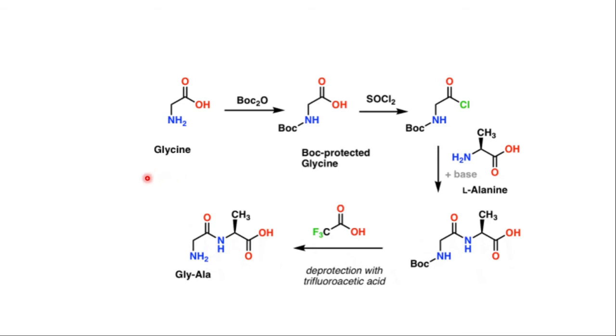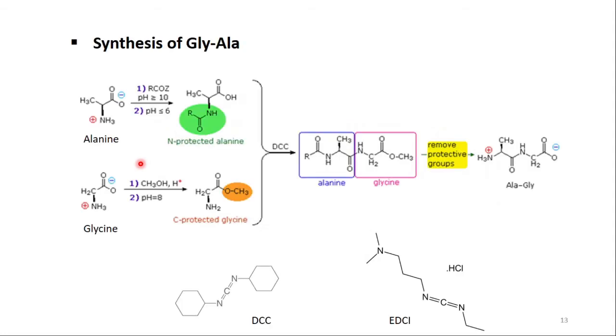So how is this coupling carried out? You can start with glycine or with alanine, whichever is okay. If you see here, you started with alanine. The alanine NH2 is protected; it is converted to an amide group, that is CONH. You reacted with RCOZ, RCOCl or RCOBr, whatever it can be.